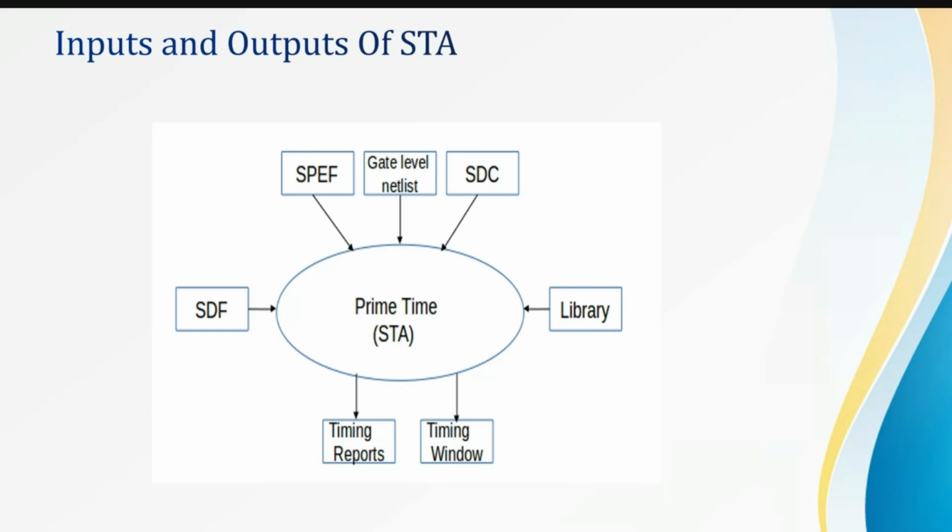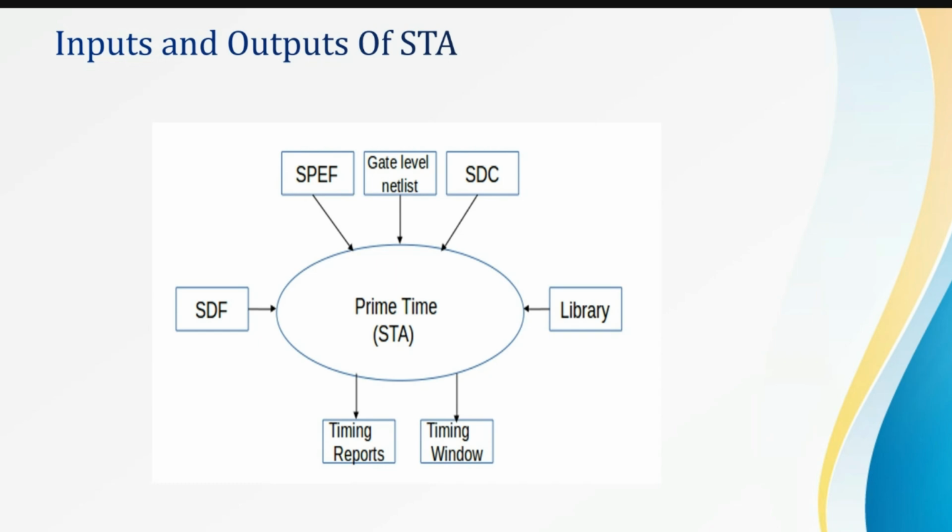The SPEF is generated by a separate tool, a star extraction tool. It depends on the company how the flow will be. In some companies there will be a separate team for the SPEF extraction.